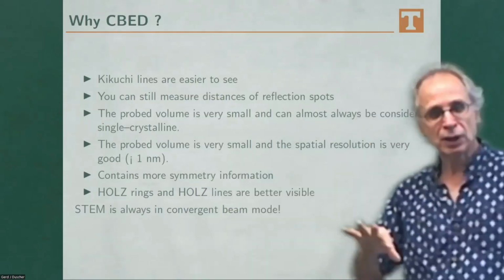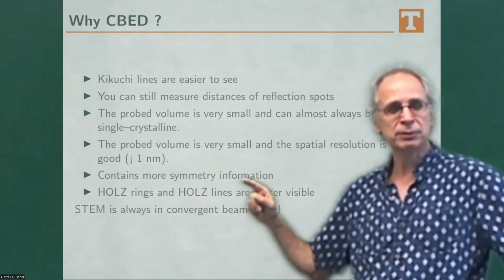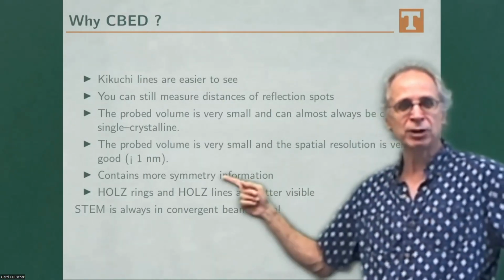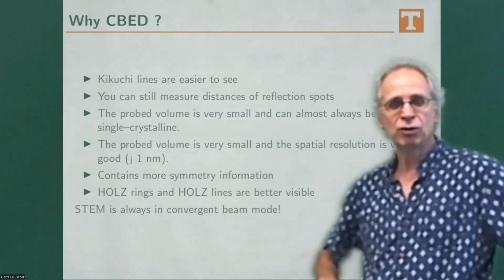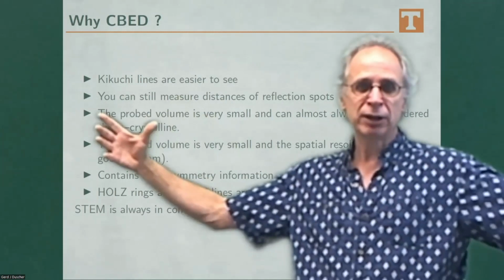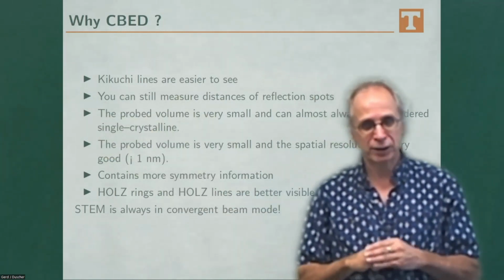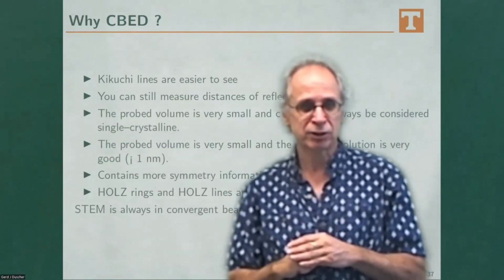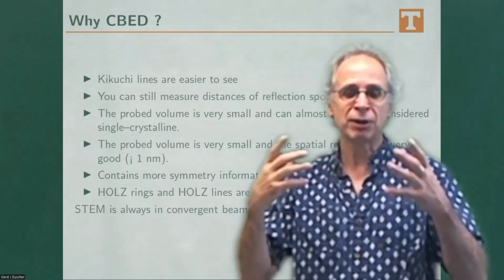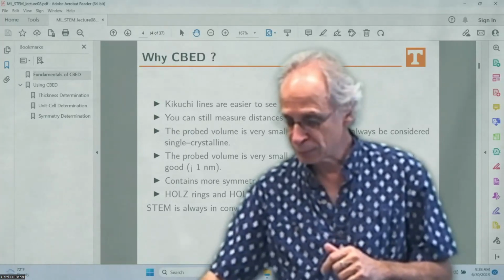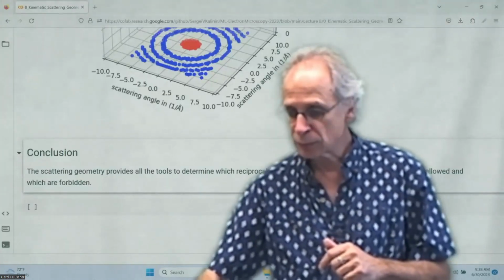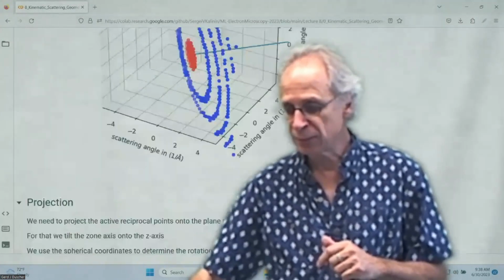Okay. Can be smaller than a nanometer squared, so you get sub-nanometer resolution. You get more symmetry information, and you get this higher order Laue zone diffraction information into your diffraction. And that is giving you a third dimension, right? So let's go back to our thing here.